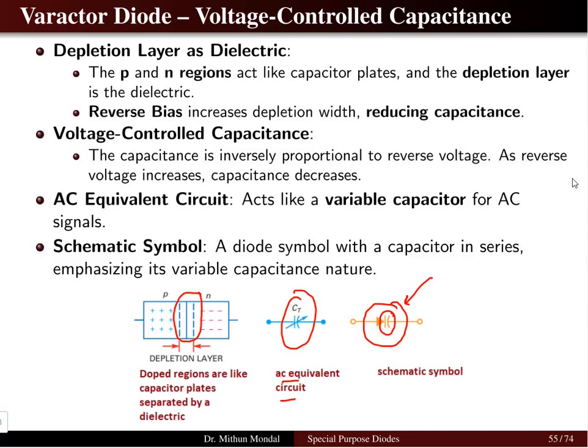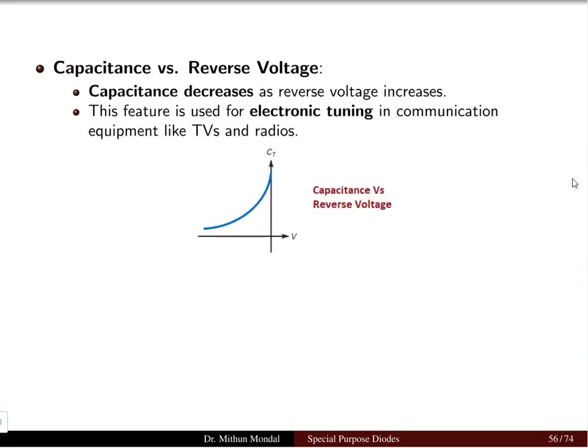The Varactor diode is basically a voltage controlled capacitance. Capacitance decreases as reverse voltage increases. This feature is used for electronic tuning in communication equipment like TVs and radios.